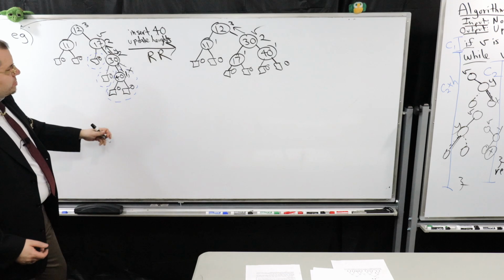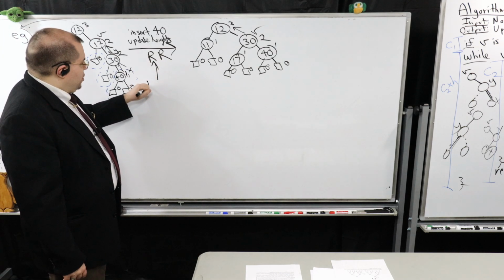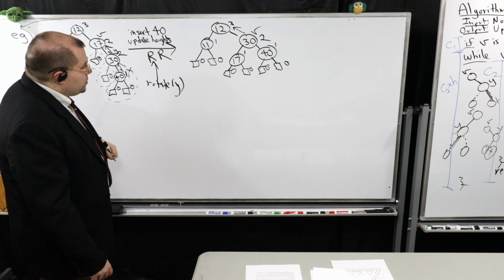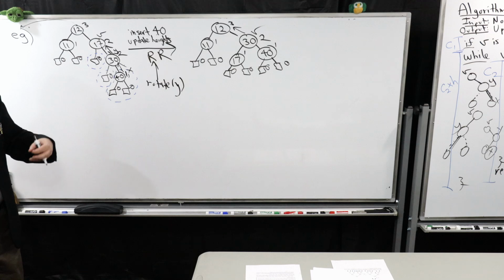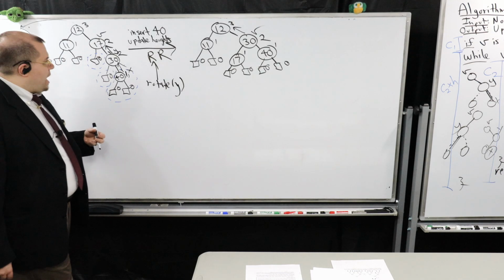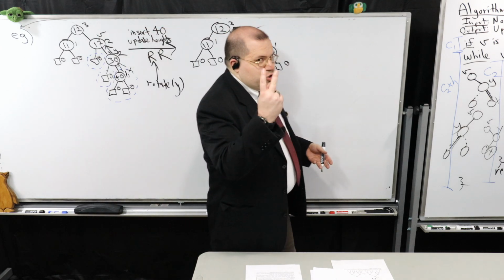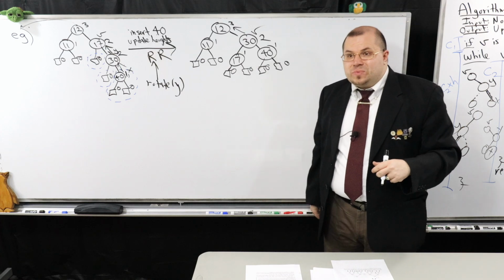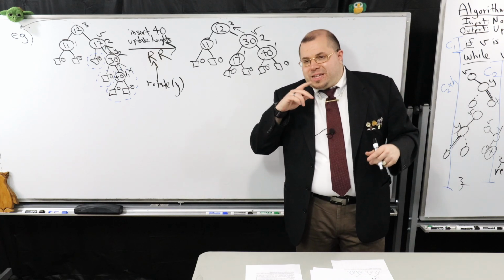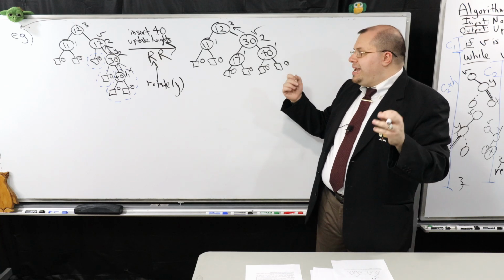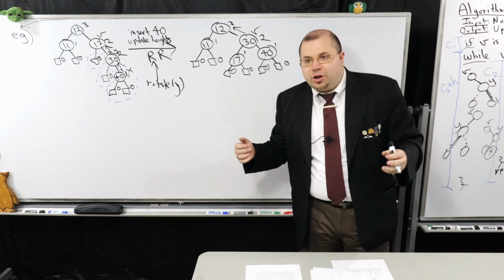So in an RR rotation, what happens is you rotate on Y. But as we're going to see in our next example, we're going to have a double rotation that's going to happen. In double rotations, we do 2 rotate operations on whatever we decide is X. So just keep in mind, single rotations and double rotations perform rotate at two different nodes.